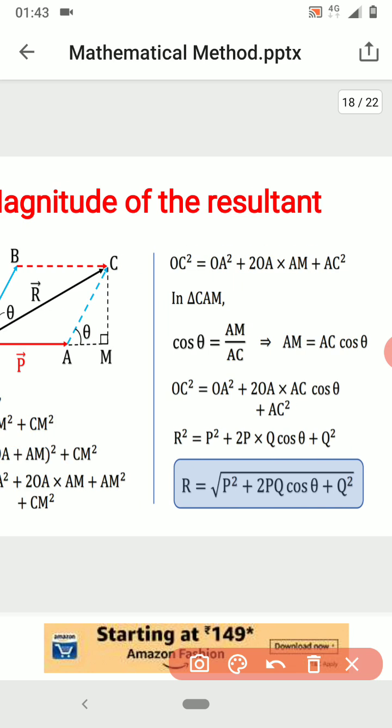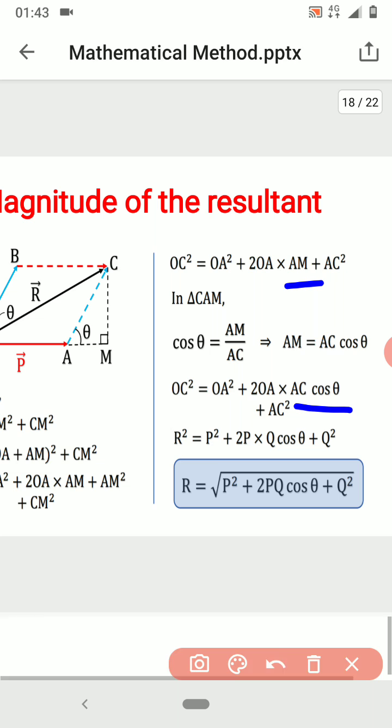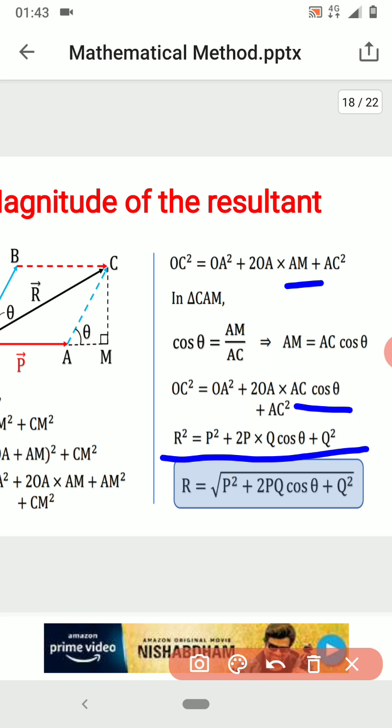So instead of AM, AC cos theta is there. So your resultant will be R square is equal to P square plus 2PQ cos theta plus Q square. If you take its square root, this will be the value of R.